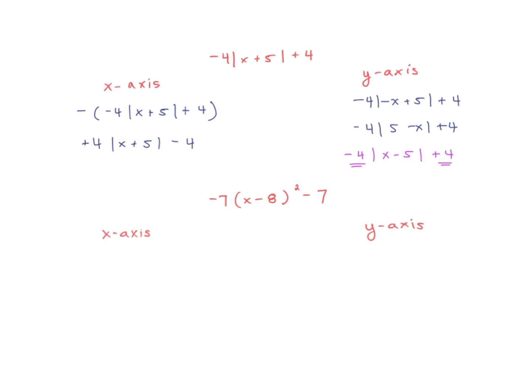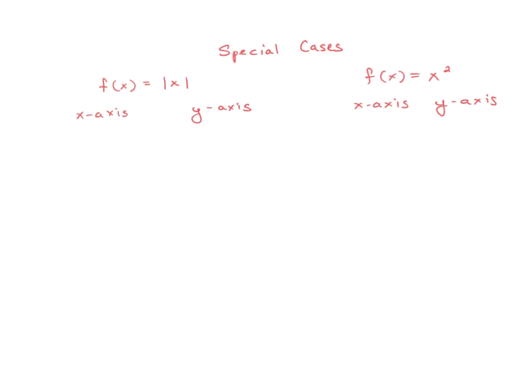With the x-axis, we're focusing on these two outsides, changing that to a plus 7 and x minus 8 squared plus 7, whereas on the y-axis, you're focusing more on the inside, and that ends up being x plus 8 squared minus 7. So the sign tends to change on the inside of this function. Something to pay attention to when we're reflecting along the x and y axis.